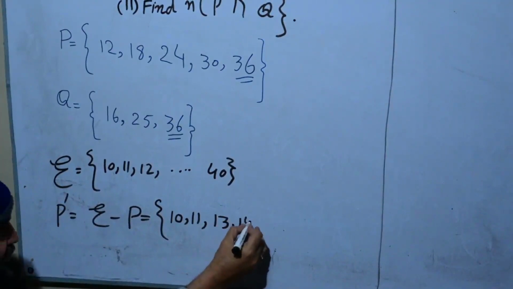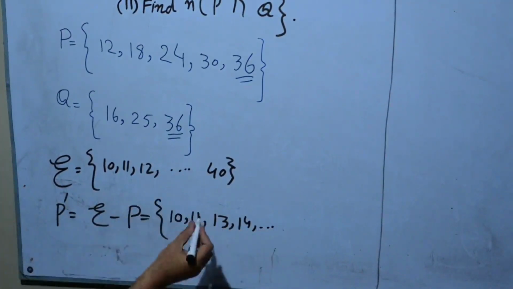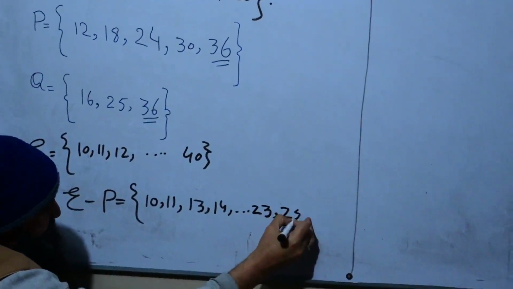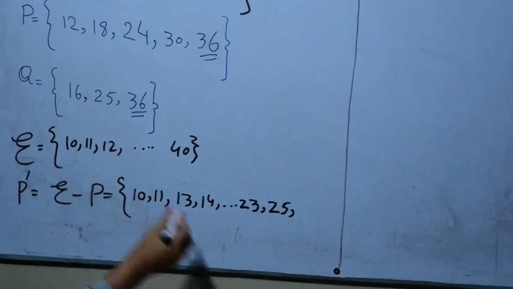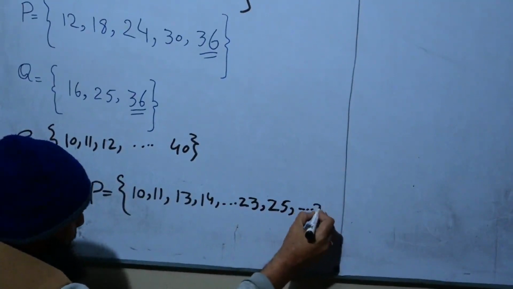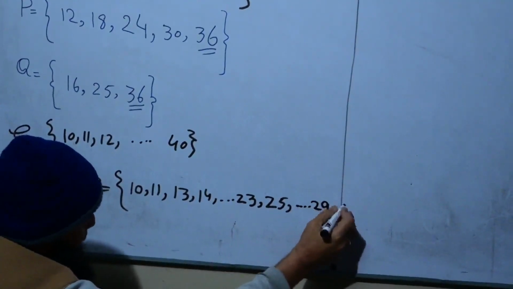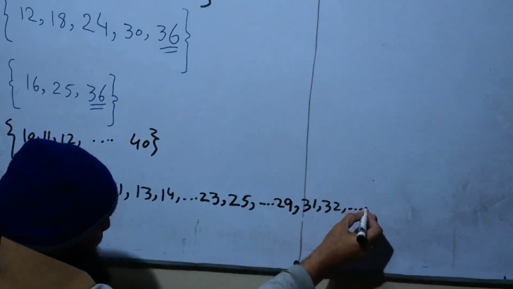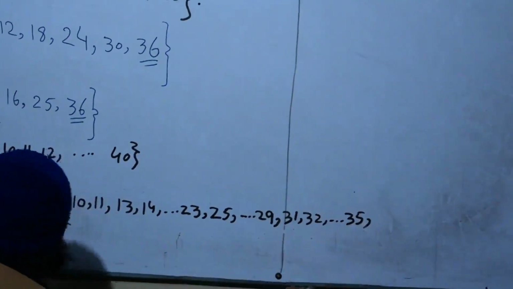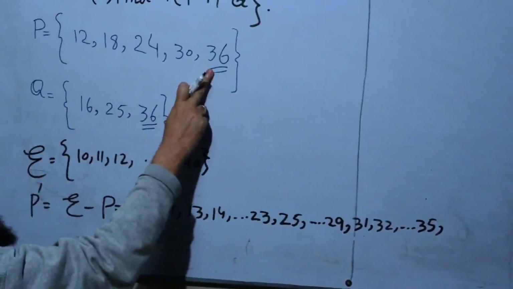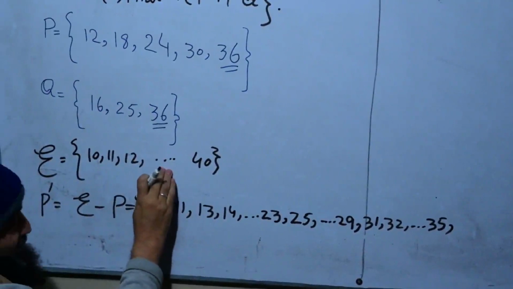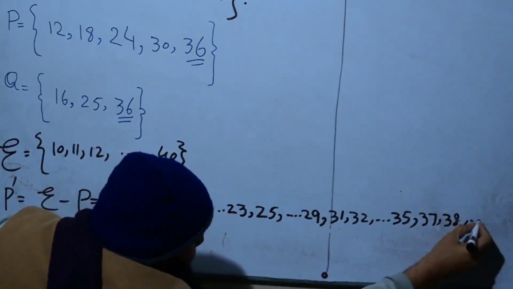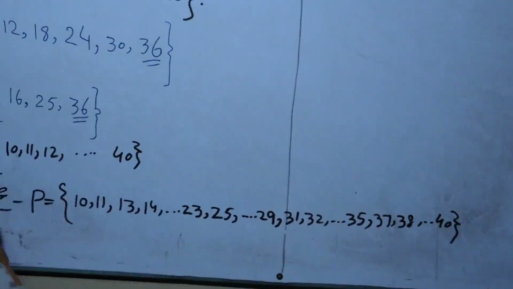Similarly, we have 14 up to 23, and then 24 will not be here, but 25 will be here, and then we will have 26 up to 29, but 30 will not be included, 31 will be there, then 32 up to 35, but 36 will be omitted because 36 is in P. So all the elements of P will be subtracted from the universal set, then we have 37 and 38 up to 40. So this is the P complement.